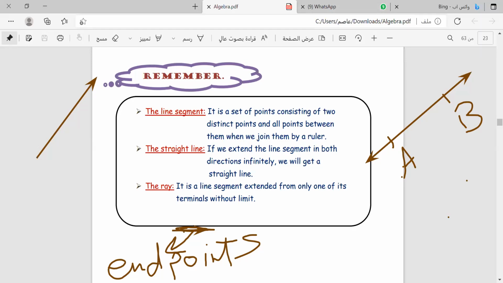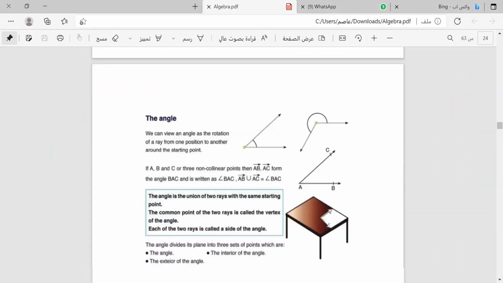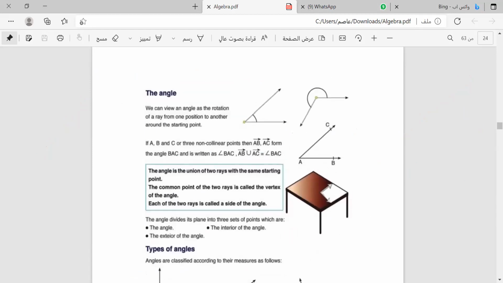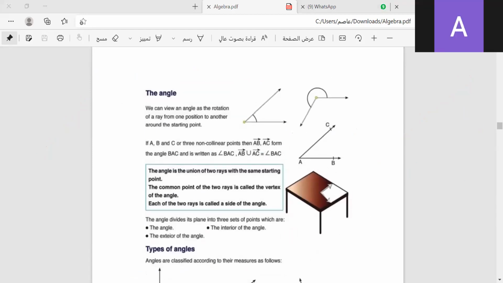Okay. The angle. The angle is union of two rays with the same starting point. If we have ray like AB and another ray called AC, so now we have angle.